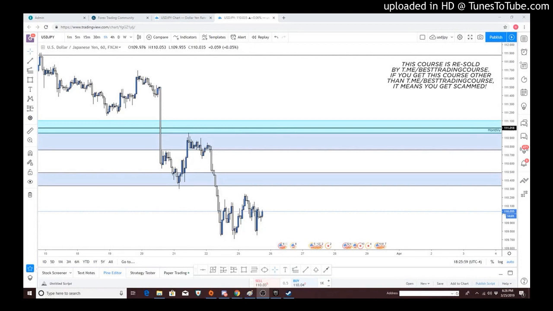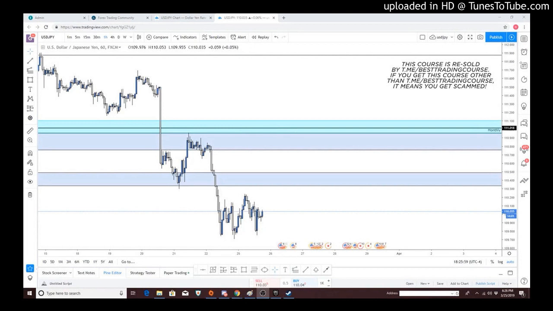So whenever price comes to support, you want to be very cautious for a rejection and look for some form of a reversal signal, some form of a candlestick pattern, be it a morning star, evening star, or engulfing pattern. But you want to think about overall support and resistance as a zone.